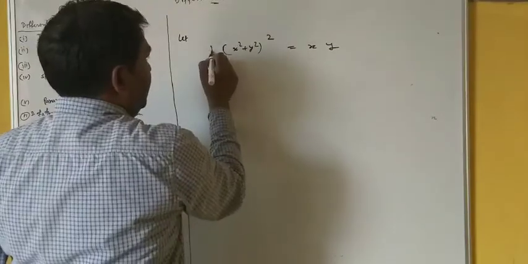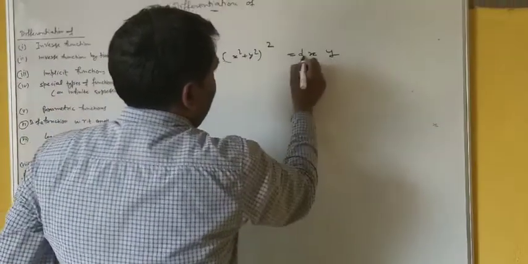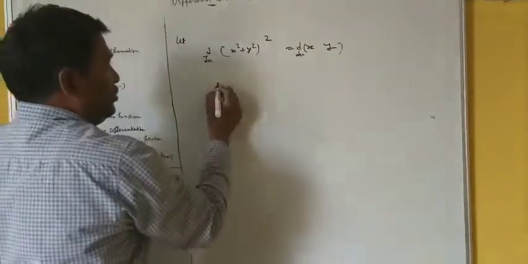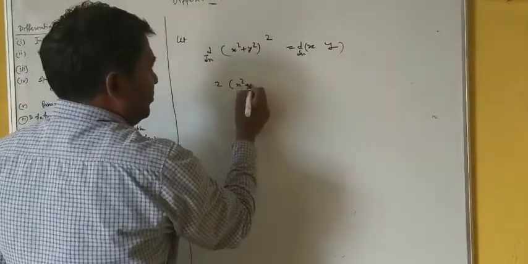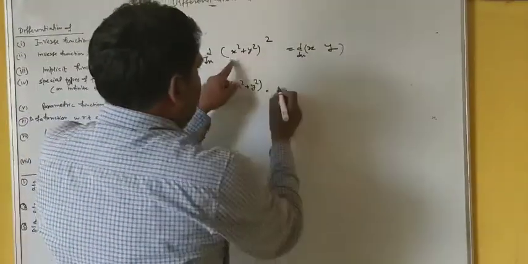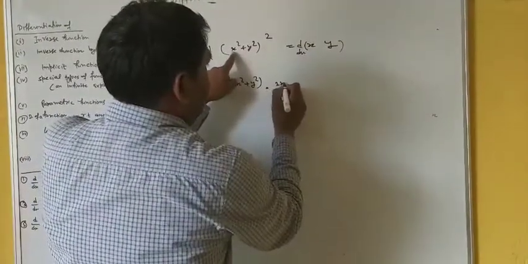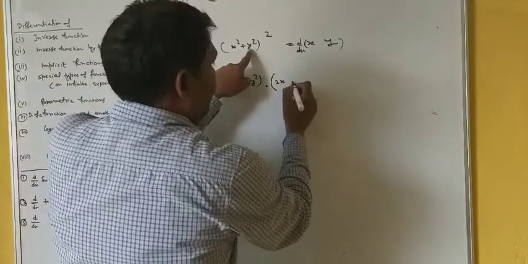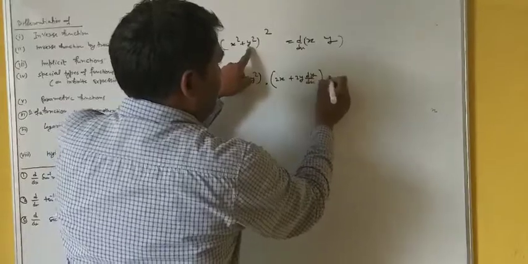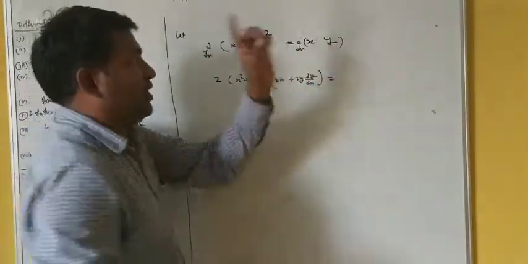First of all, d by dx of this is equal to d by dx of this. Here a variable power n, so 2 into x square plus y square into differentiation of this. So differentiation of x square is 2x, and differentiation of y square is 2y dy by dx, is equal to, here first into second.